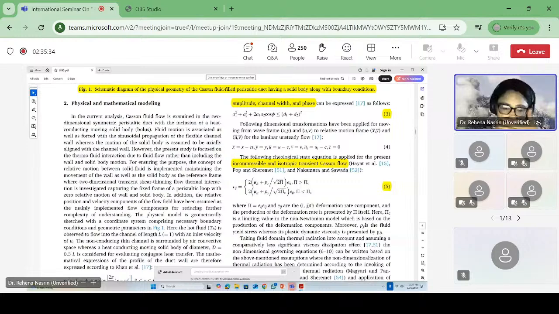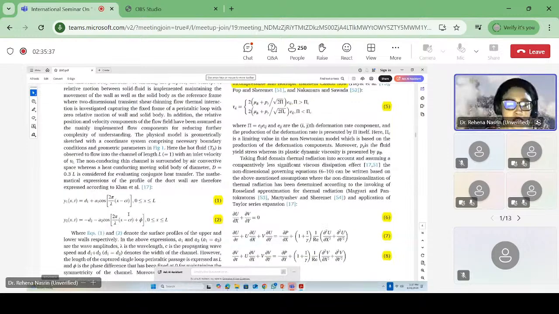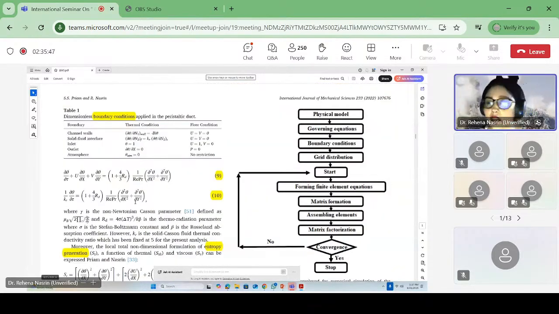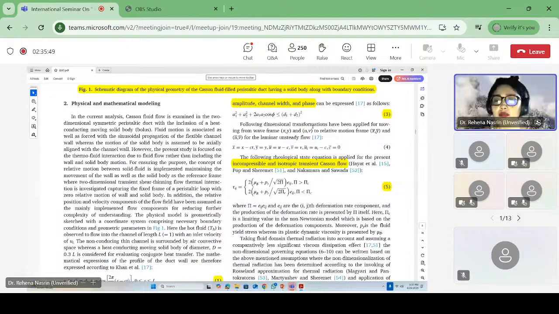And this is the schematic of peristaltic duct flow. For the relaxation part, we use the sinusoidal wave pattern, equations 1, 2, these are the sinusoidal wave patterns, and equations 3, 4, 5. This is equation 3. This is the sinusoidal wave pattern. Equation 4.